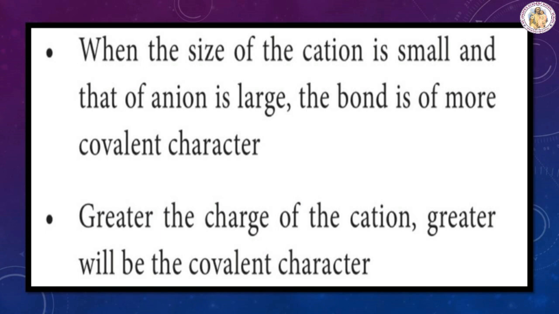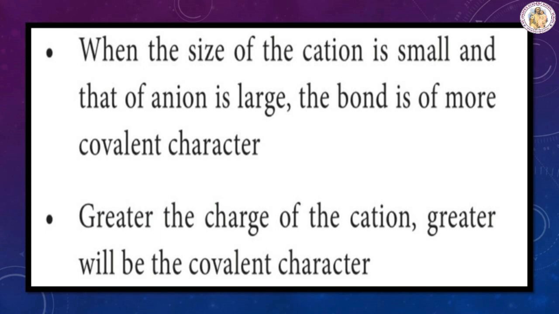You know what cation and anion are. The atom which loses electrons forms a cation, and the atom which gains electrons forms an anion. So, when the size of the cation is small and that of the anion is large, the bond is of more covalent character.